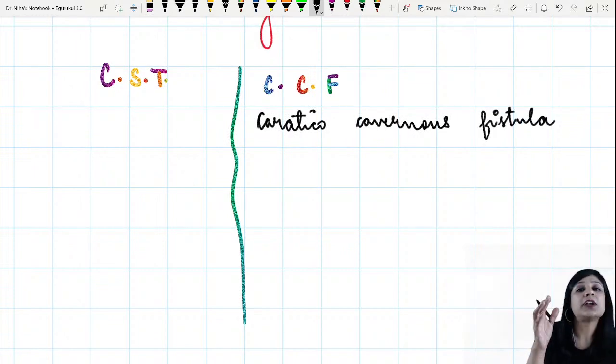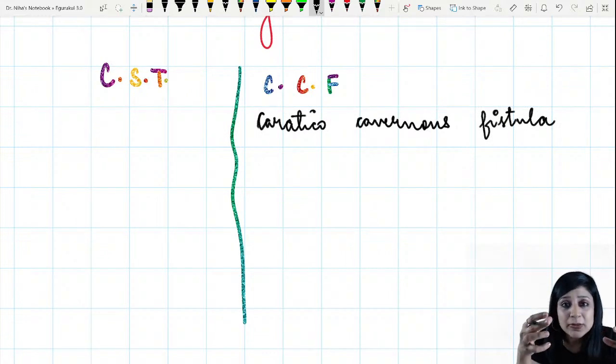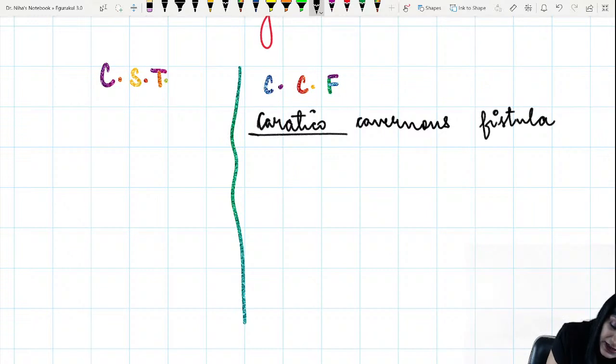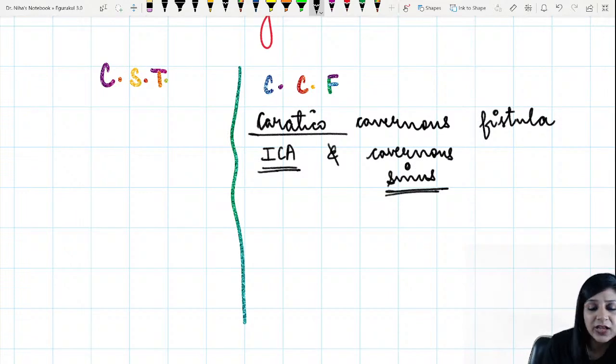Fistula means what? An abnormal passage, which is between the internal carotid artery and the cavernous sinus. It can be any of its branches or the internal carotid artery itself.